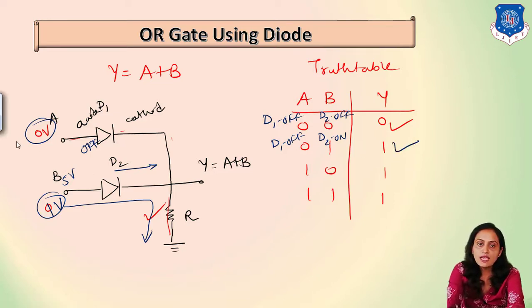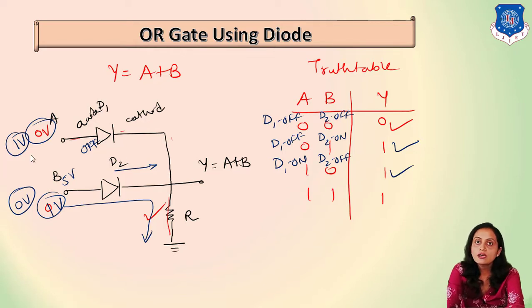And similarly it happens if we apply 1 volt to A and 0 volt to B. So diode D1 is on and D2 is off for this, and we are getting output 1.